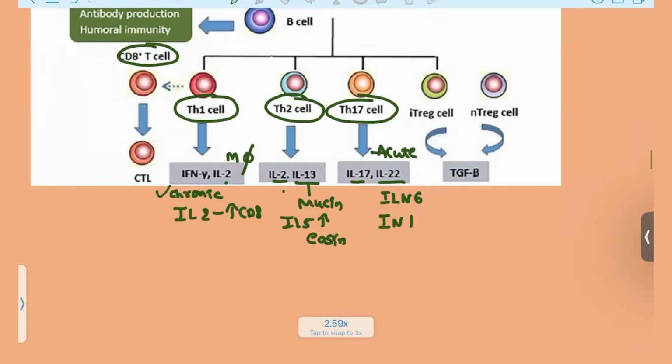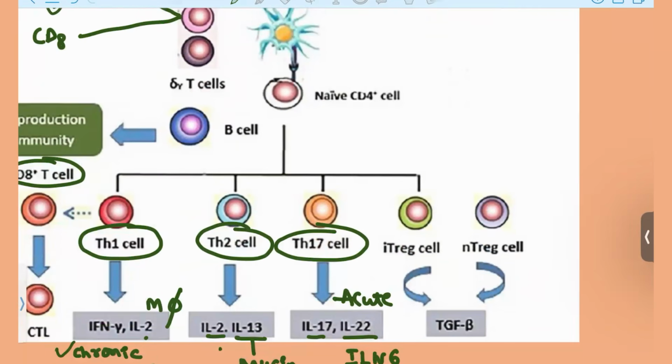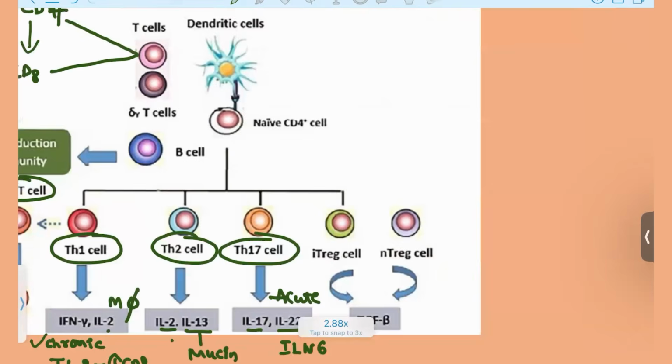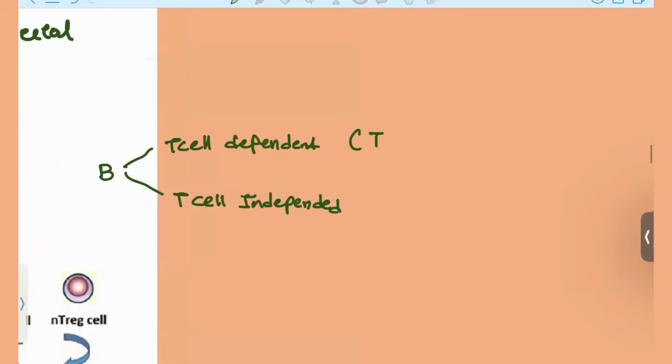Next, coming to the B cells. B cells will be either T cell dependent or T cell independent. T cell independent is only one, that is IgM.